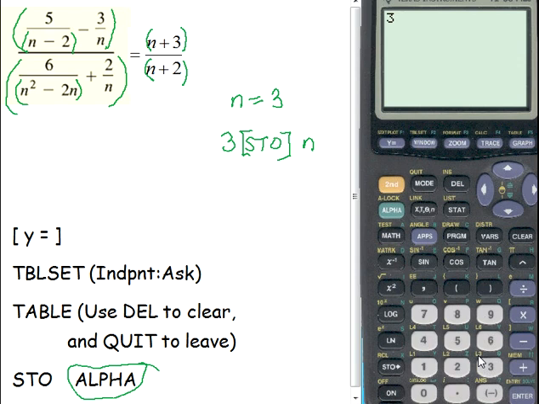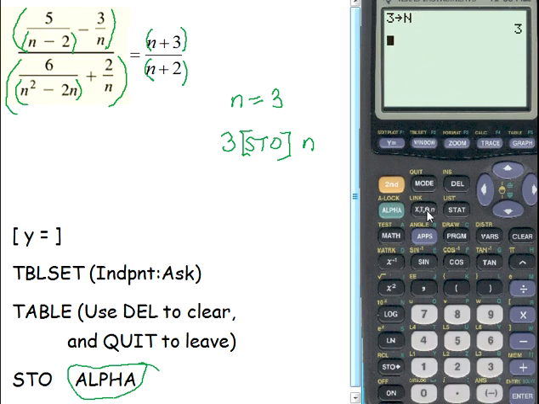Calculators are usually set to 0 for all the variables. All right, so 3, store, and let's hit alpha and then N, which is log. And then let's hit enter.